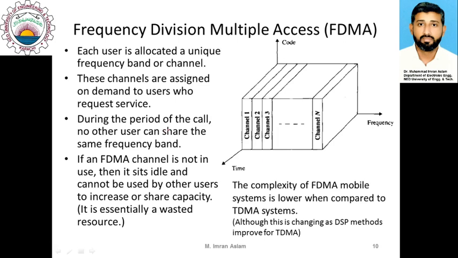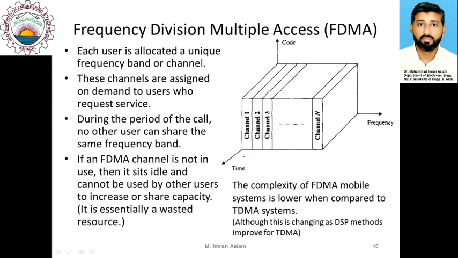But once a channel is allocated, during the period of that call, no other user is allowed to transmit on the same frequency band, to avoid interference. In general, in FDMA, if a channel is not in use, it cannot be used by other users, because they are using another channel, so they cannot use any free channel as well.